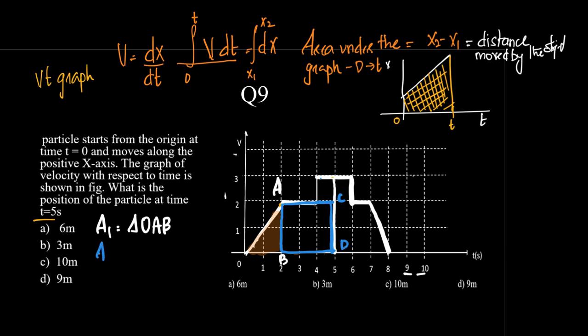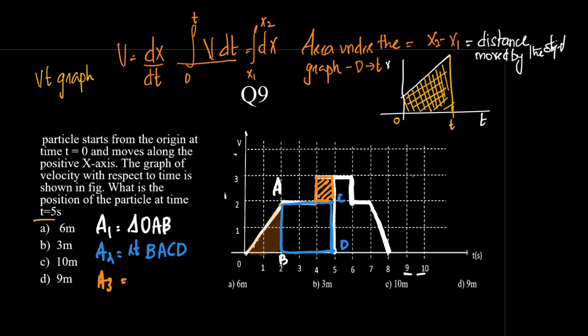So A2 is equal to the rectangle BACD. And we have another area here, which is a very small area, which is A3.